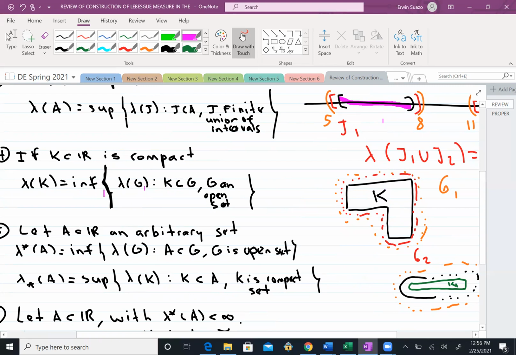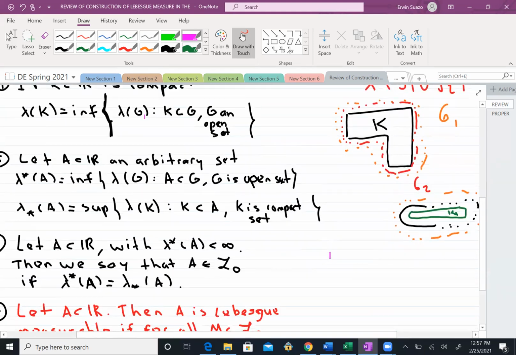It's wrong to say it, but maybe it's easier to think this way: think of the minimum of the areas of the open sets that contain K. And that's going to be your Lebesgue measure of K. That basically is the area, right? So we know that in R2, this is the area. Okay, so that's how it goes.